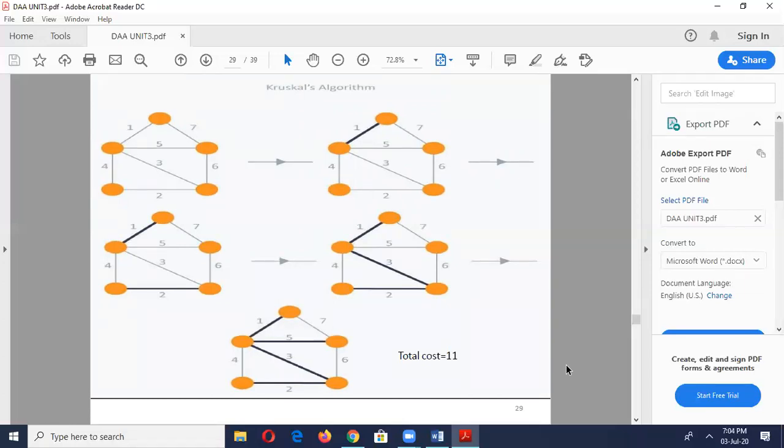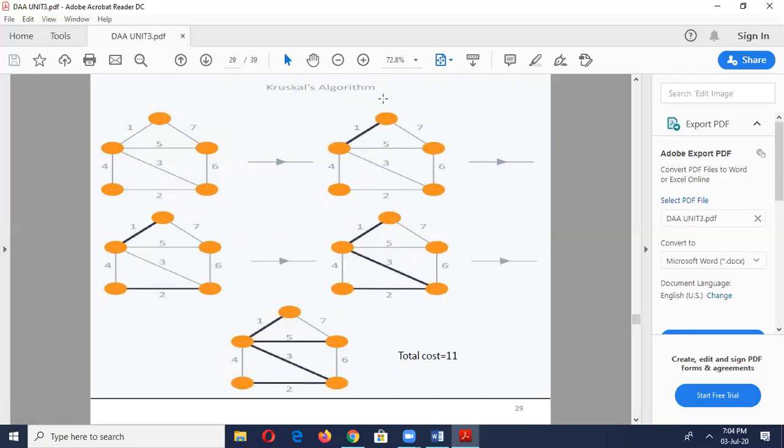So here is the undirected graph. We have to find the total cost for this graph. As I told before in the algorithm, we have to take the minimum edge, which is nothing else than 1. Next minimum is 2. The next minimum is 3.